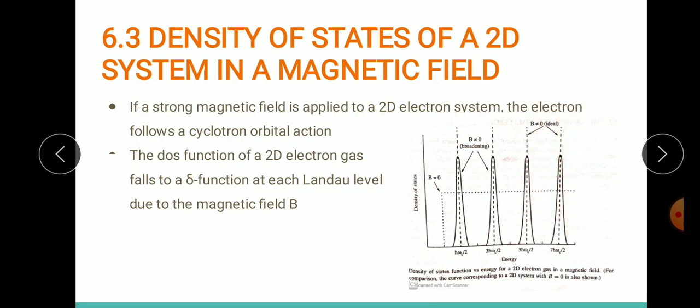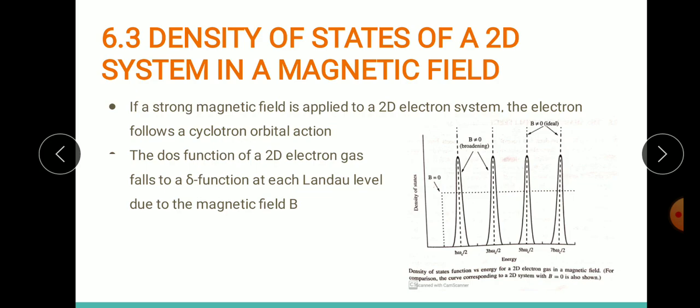However, with the effect of a magnetic field, we could see that there was a delta function at each Landau level. So this straight line was your ideal condition. Due to the effect of your magnetic field, there was a broadening in these peaks. Why was that so?